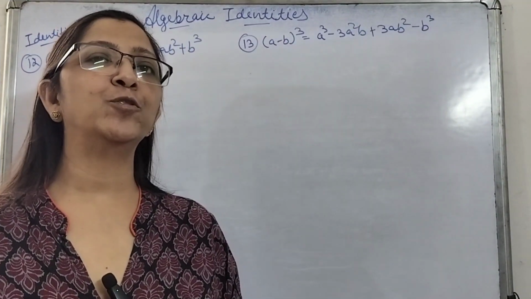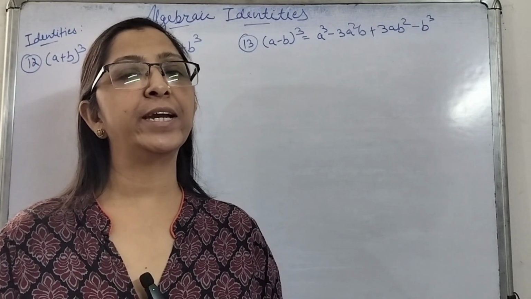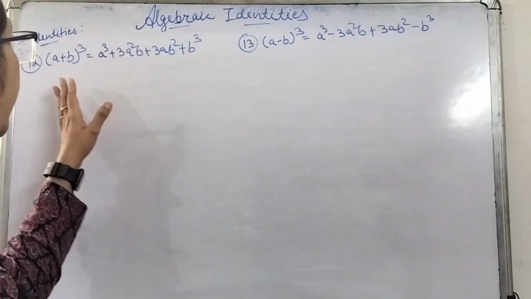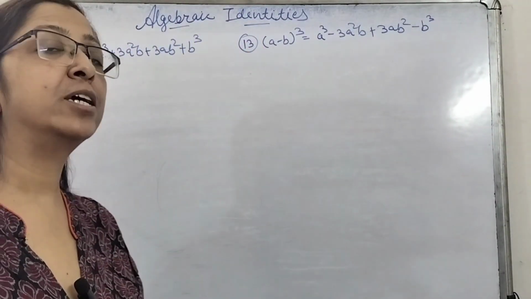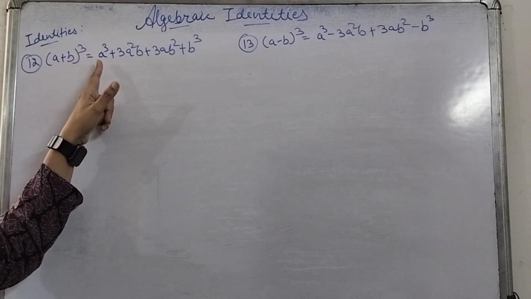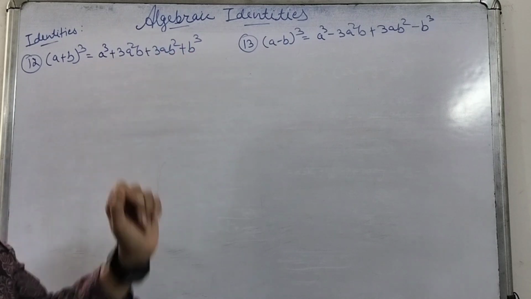Now let's see how to find the cubes of the given expressions using identities. Till now we have seen how to find the squares of the given expressions. Now we'll be seeing how to find the cubes. So (a + b) whole cube is a cube plus 3a square b plus 3ab square plus b cube.